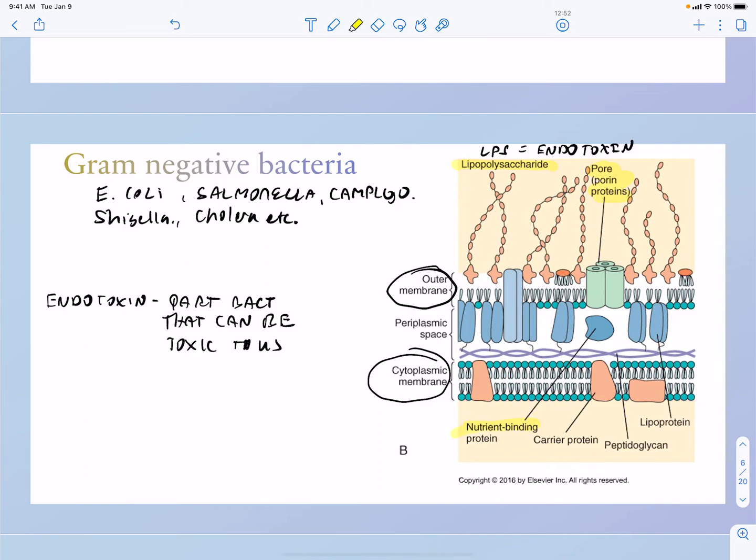They also have nutrient binding proteins, siderophores for iron binding. Now the bacteria have a peptidoglycan layer, but it's very thin. And it's hard for the stain to get in there and bind through the alcohol. So that's why in a gram stain, gram-negative bacteria do not stain with that initial purple dye. They can't hold on to it through the alcohol rinse.